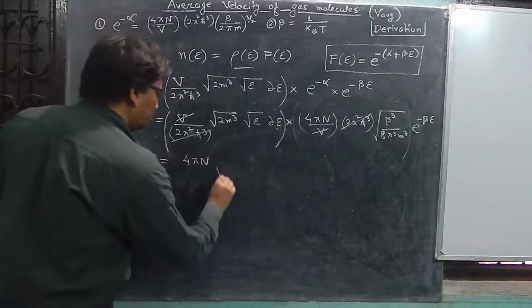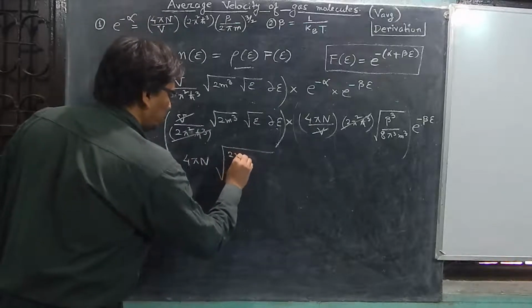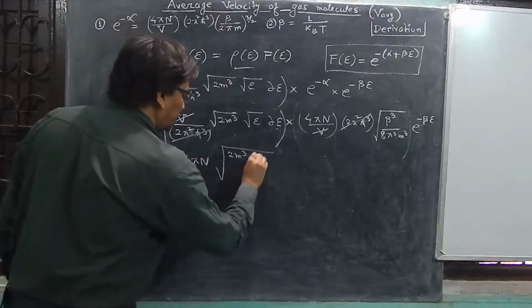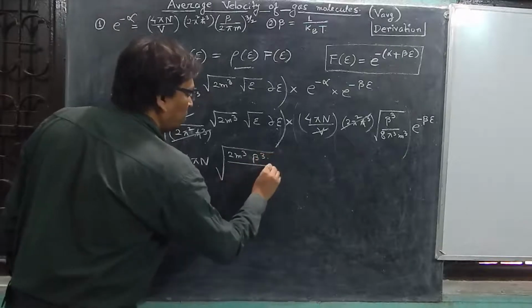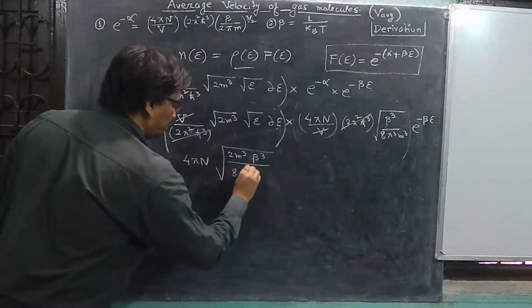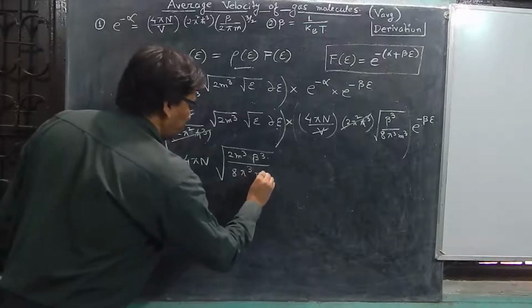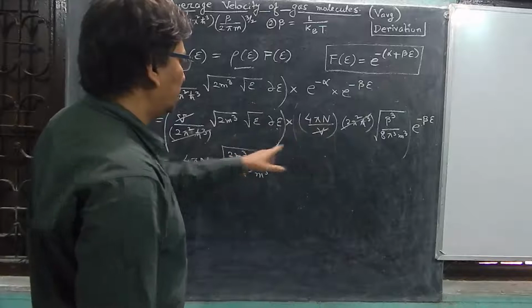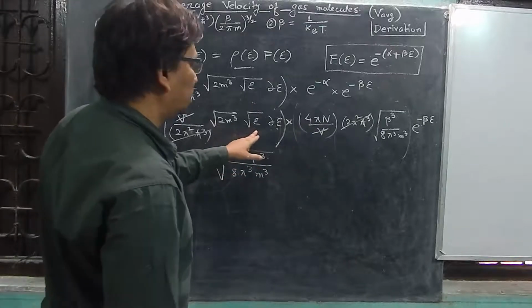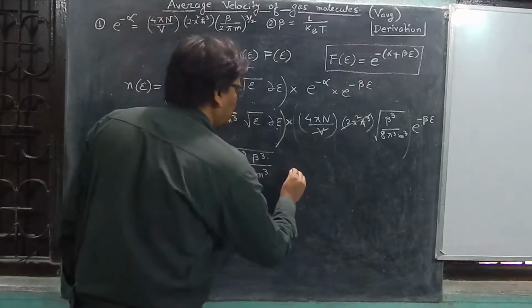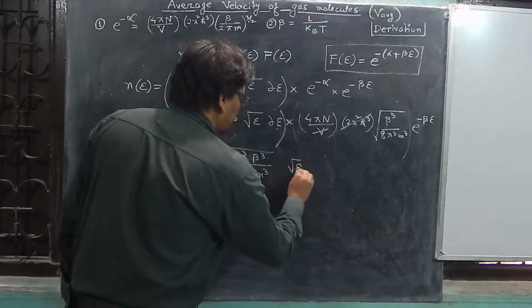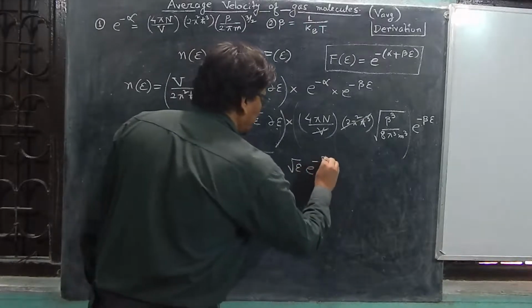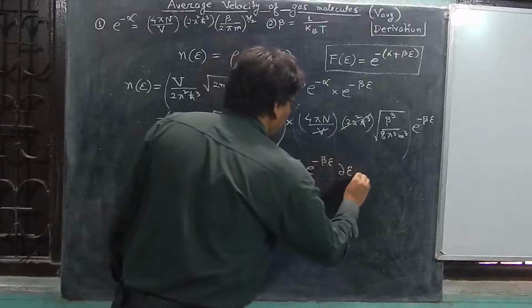What we get is root under 2m cube times beta cube by 8 pi cube m cube, and the rest is root under epsilon e to the power minus beta epsilon and del epsilon.